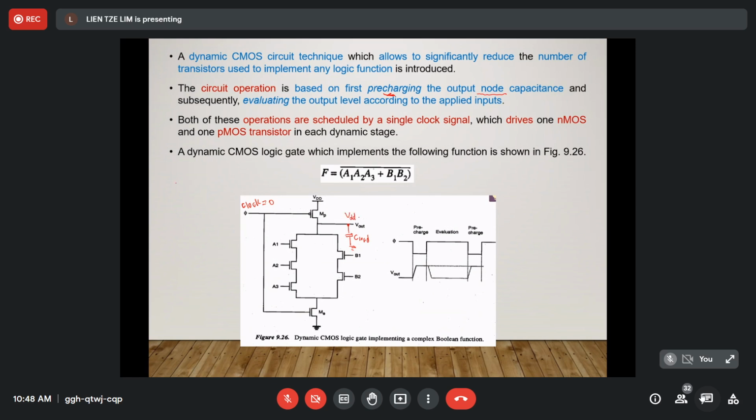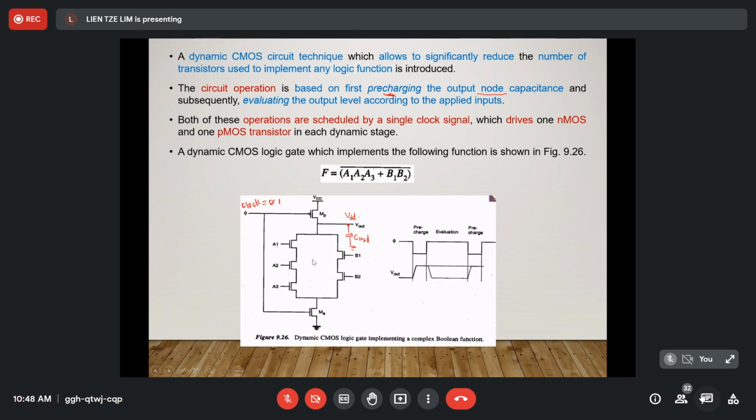And then if the clock transits from low to high, it means that PMOS is off and NMOS is on. So the output will change, depending on the input voltage of the transistors here. This is the NMOS transistor.